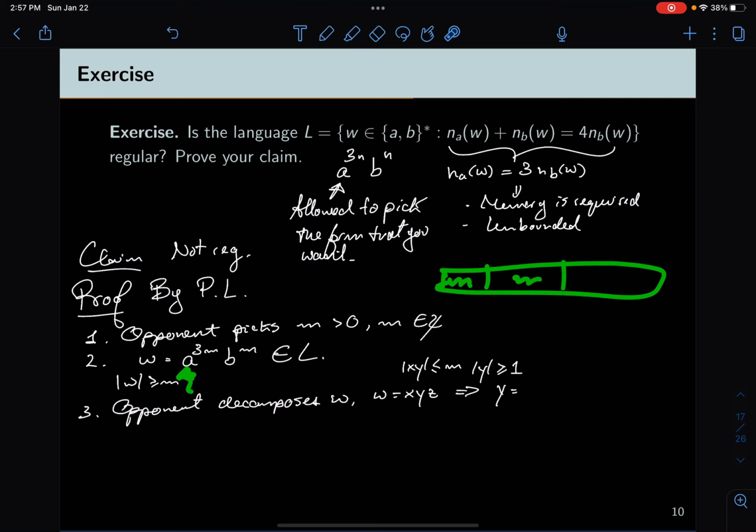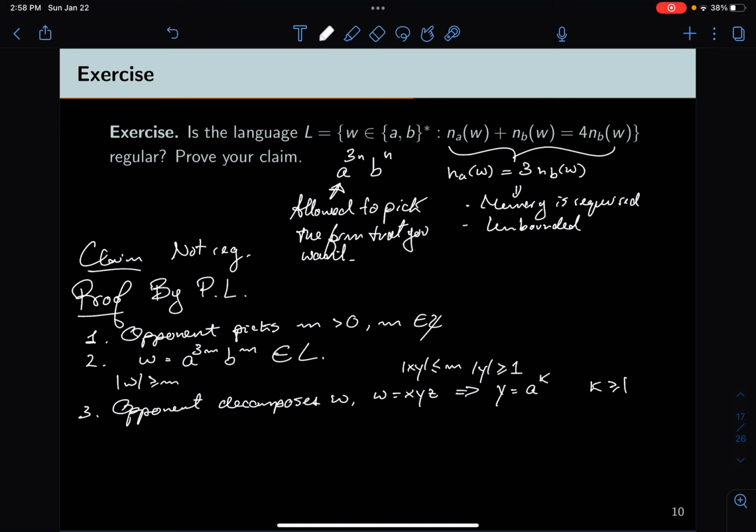If I have 3m A's and xy is within the first m, then for sure y consists of just A's. So y is k consecutive A's, where k is greater than or equal to 1.